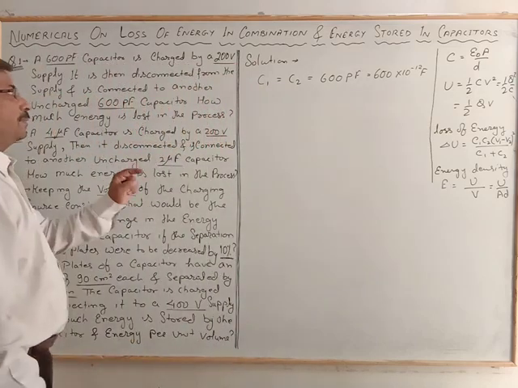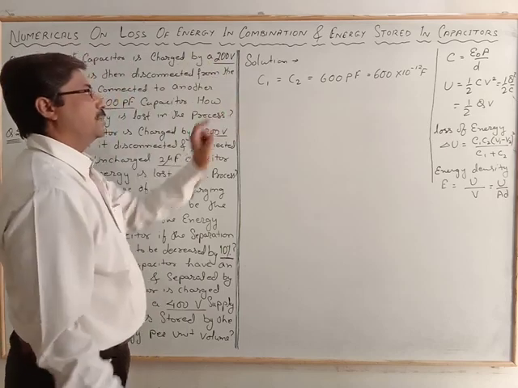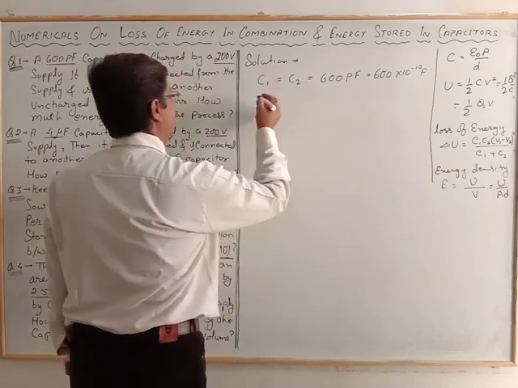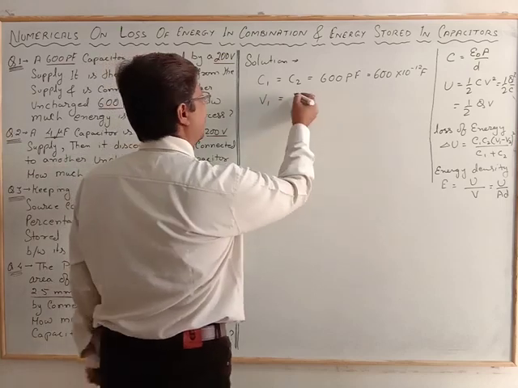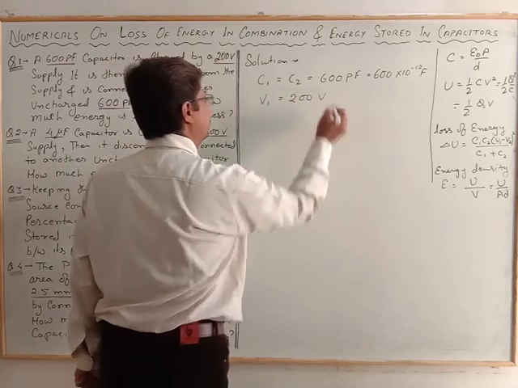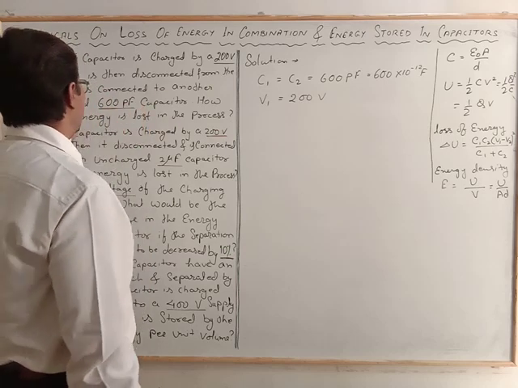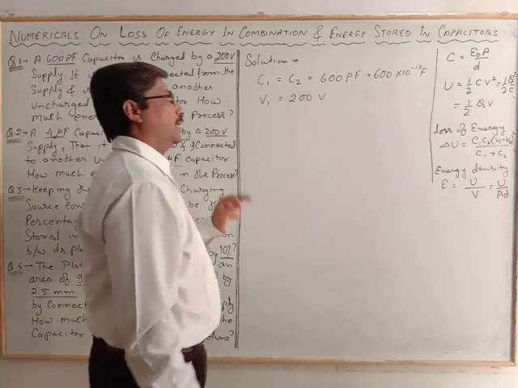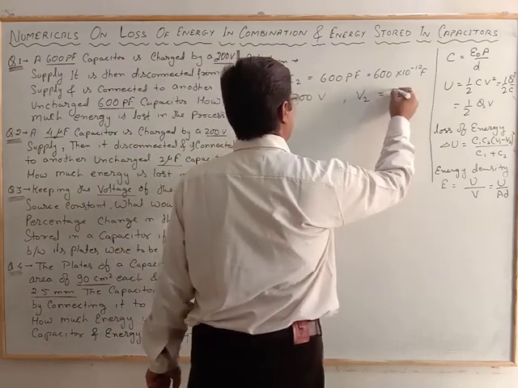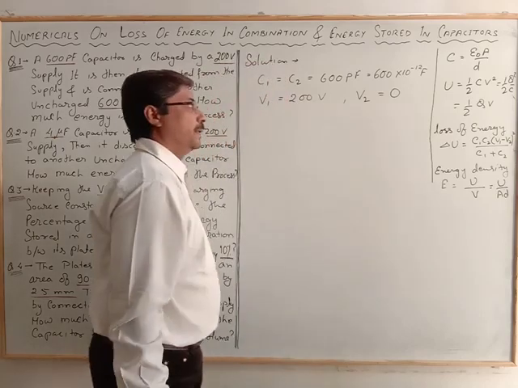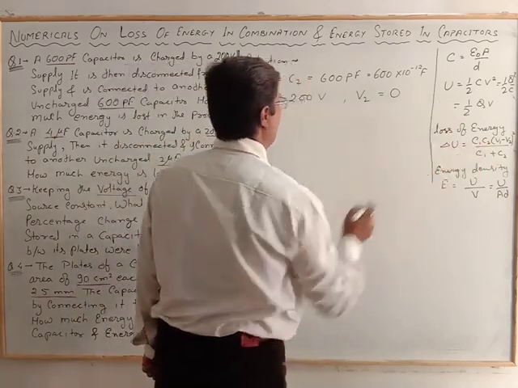Now the first capacitor is charged by the 200 volt supply, meaning the potential of the first capacitor is 200 volt. And the other capacitor is uncharged, meaning no potential is there, so the potential of the second capacitor V2 is equal to 0 volt. Now we use the relation of the energy loss.